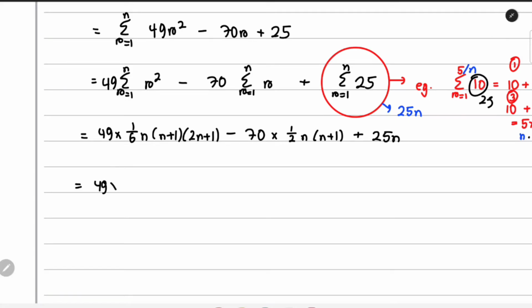I can take 6 as the denominator of the whole thing.